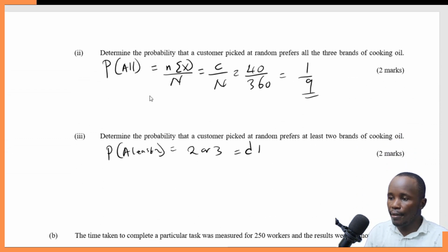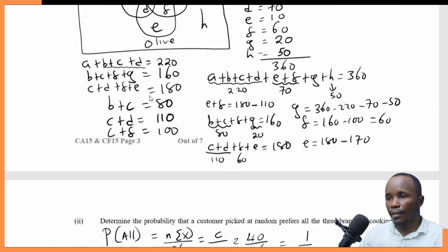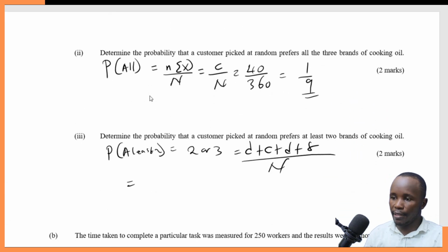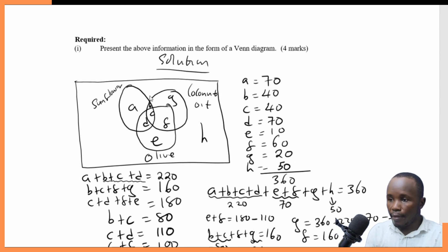So B plus C plus D plus F divided by the total. B is 40, plus C is 40, plus D is 70, plus F is 60.